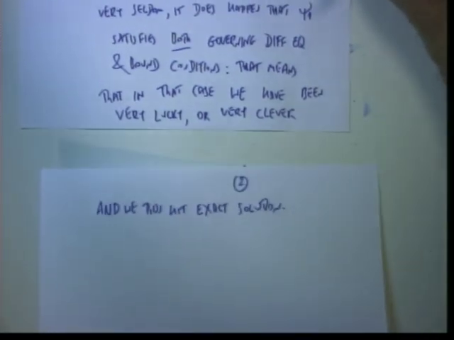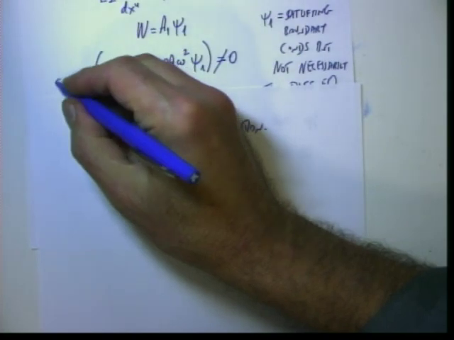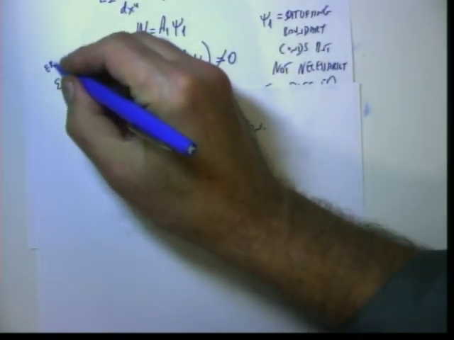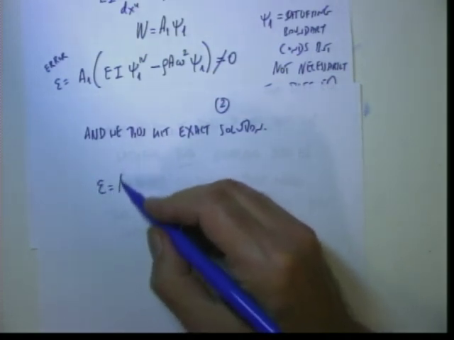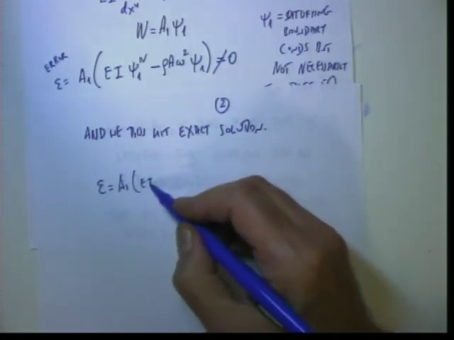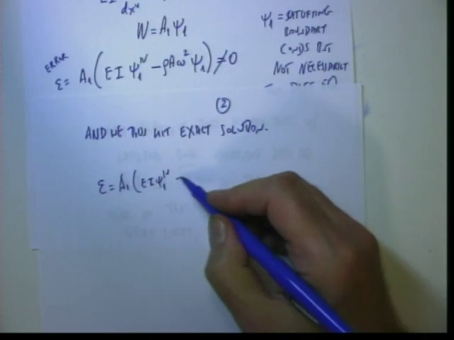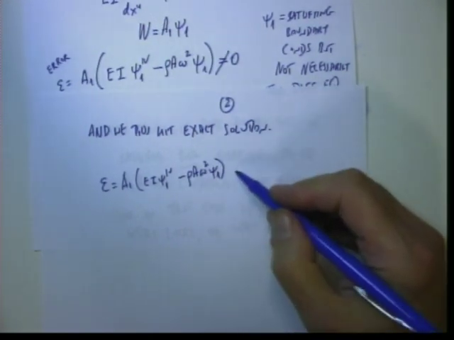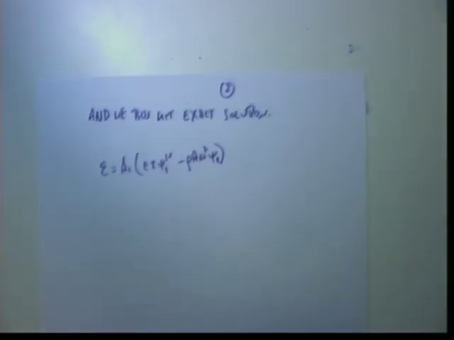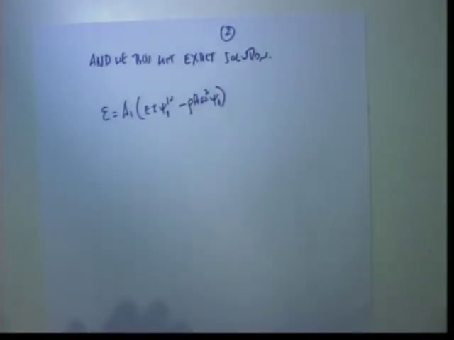So therefore, what we obtained here is denoted as epsilon. So this is epsilon, or error. That is epsilon equals a1 times EI psi1 fourth derivative minus rho A omega square psi1, and does not equal 0. That means this is an error.